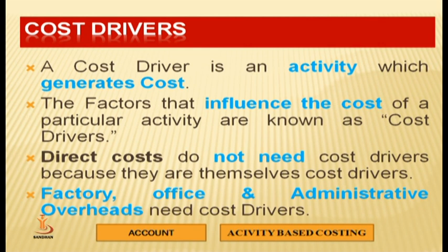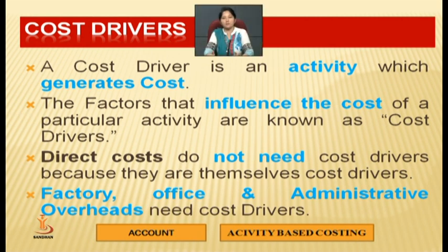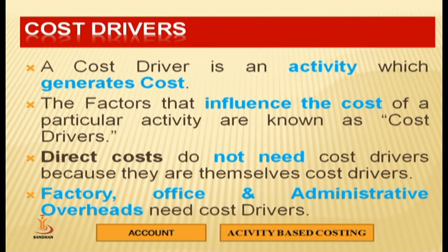Direct cost, as I told you, does not require cost drivers. For direct cost there is only one cost driver, that is the machine hour or labor hour, which is to be calculated and directly applied to the cost object. So direct cost does not require calculating cost drivers, whereas only the overheads require it.